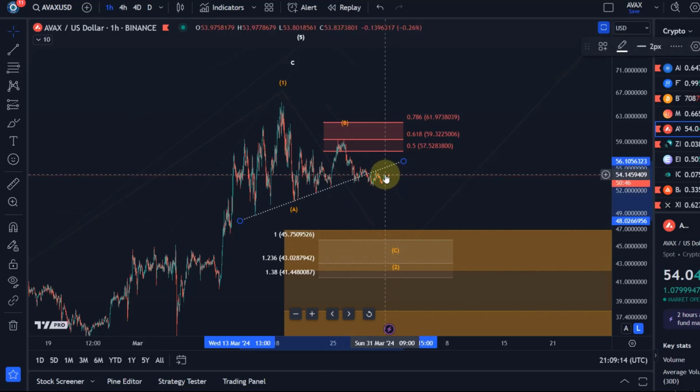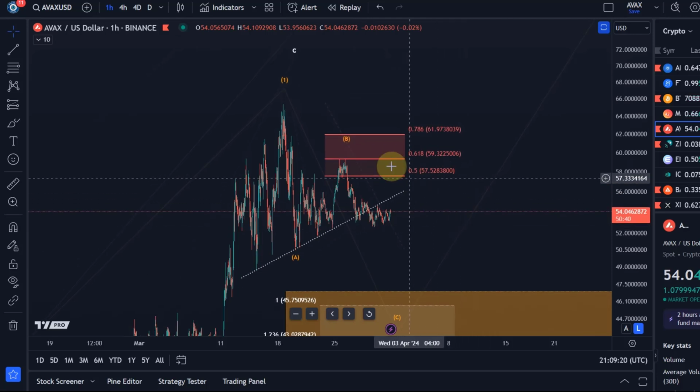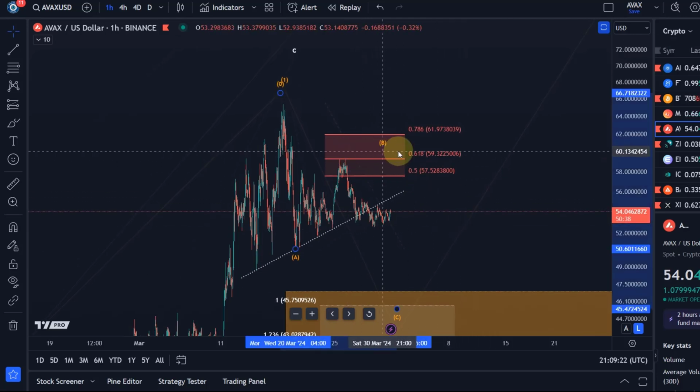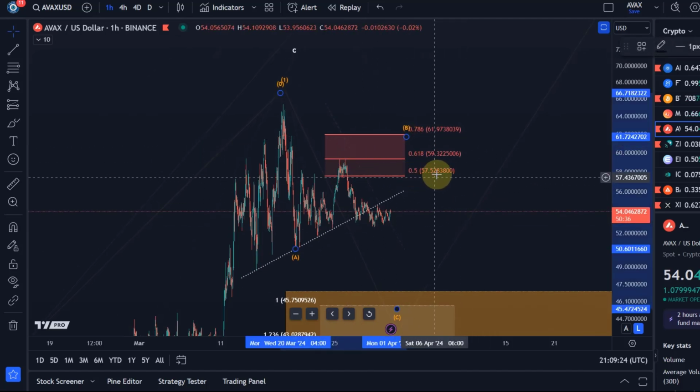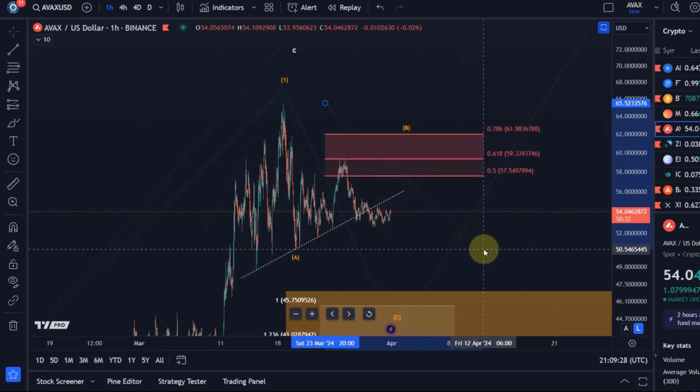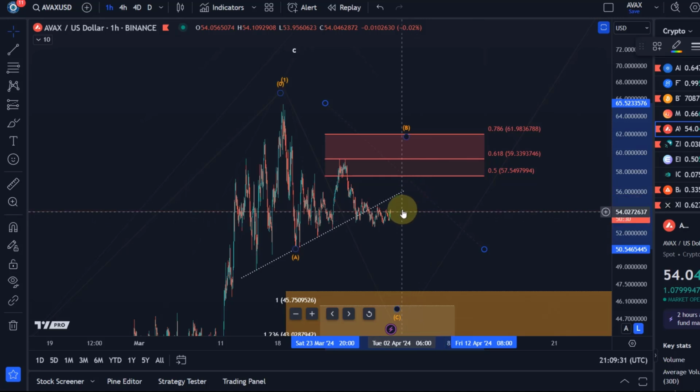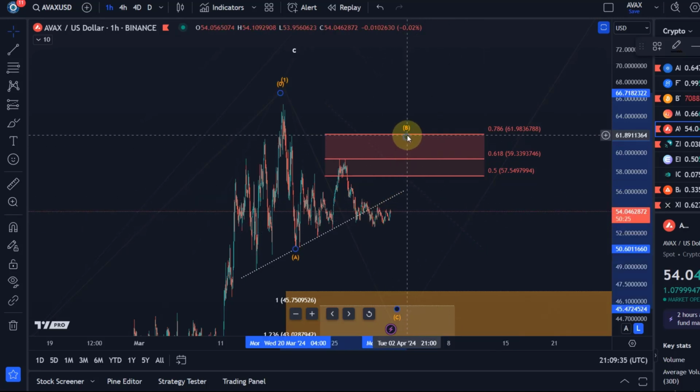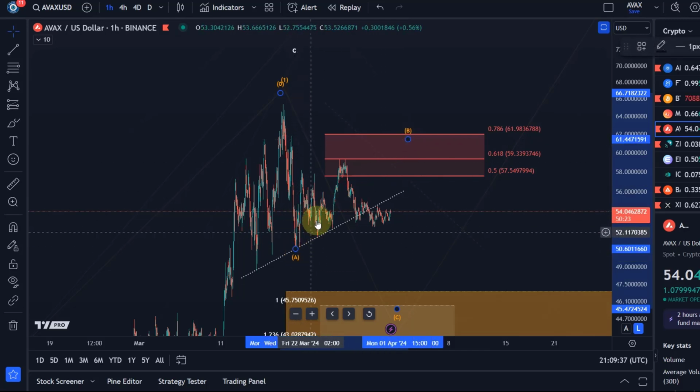Let's say a continuation of that C wave here. At this stage, it's absolutely possible, and that's not unlikely, that this B wave is extending. I don't prefer it, but I think that's going to happen. It just looks to me as if this B wave wants to extend, and we would be forming a larger ABC flat.